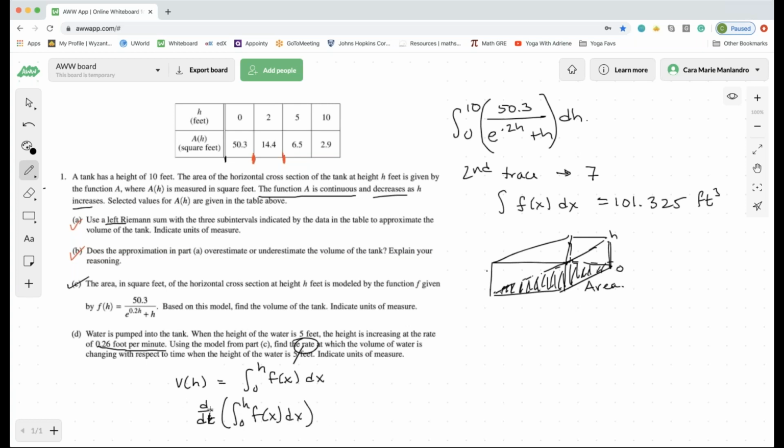When I take the derivative, it cancels the integral, so I just get f of h. But since I'm taking the derivative with respect to time, I have to correct for that by multiplying by dh dt because the bound is a variable. So it's essentially the chain rule, kind of like when you learned implicit differentiation. Does that make sense?